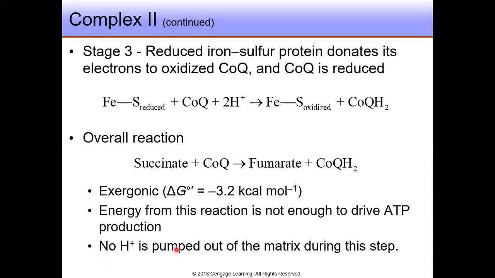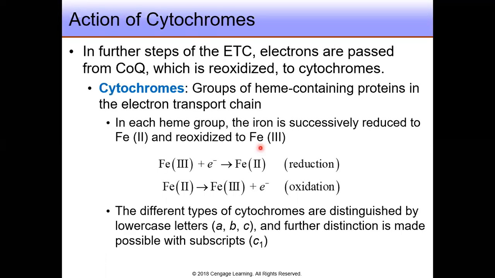So no proton is pumped out of the matrix during this step. Then, as I said, ATP production is coupled to proton pumping. So in complex 2, no proton pumping, no ATP production.